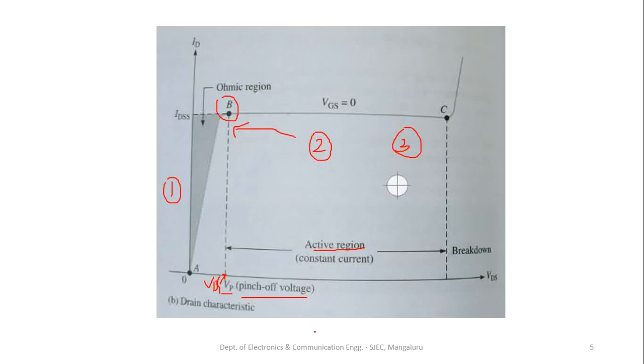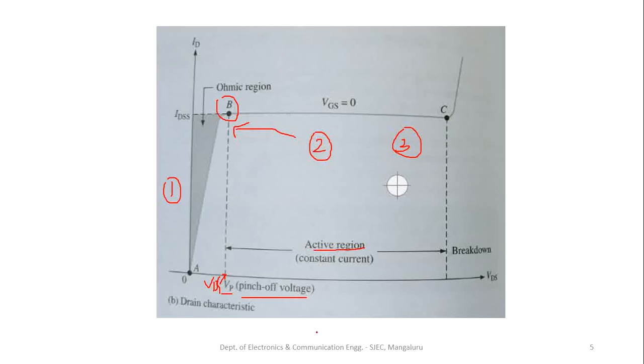So here you can see it's the pinch-off voltage. For VGS equal to 0, the value of VDS at which the ID becomes constant is called the pinch-off voltage.